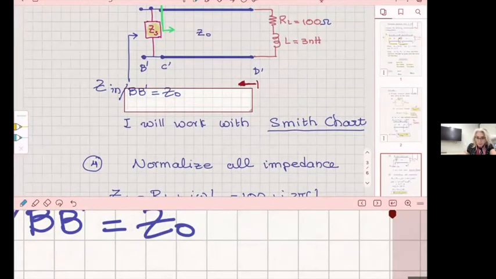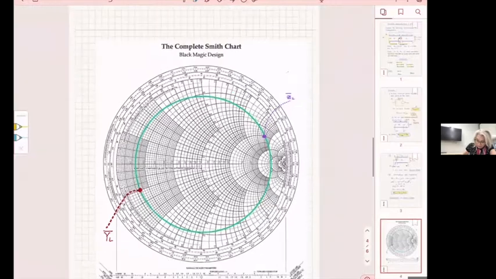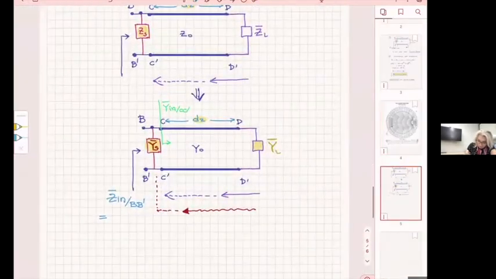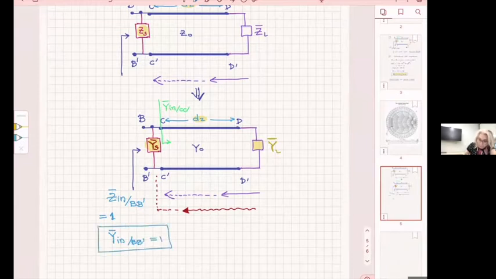It has to be Z naught, which means that normalized Y in at BB prime has to be 1. If that's the case, also the admittance Y input at BB prime has to be 1.